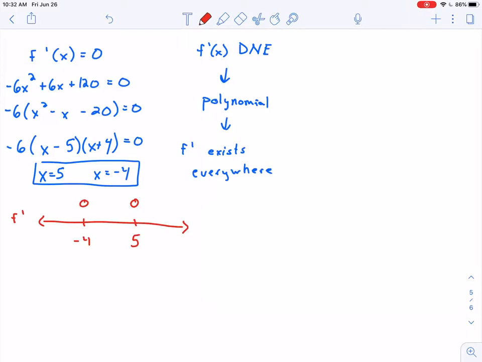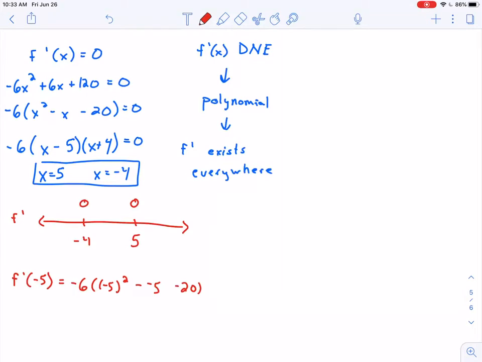So let's start with negative 5. We'll work with f prime of negative 5. This is equal to, here, I'm going to use this factored form just so that the arithmetic is a little bit easier. Negative 6 times negative 5 squared minus negative 5 minus 20.